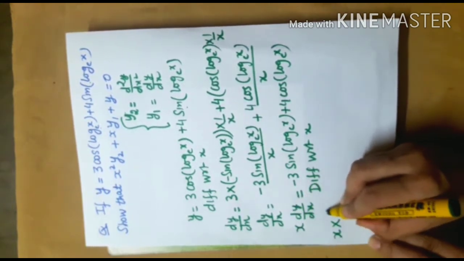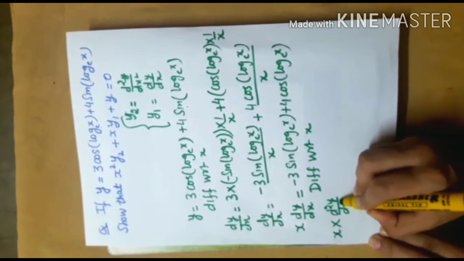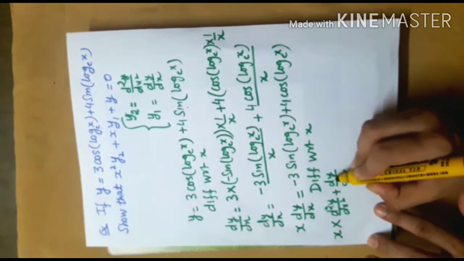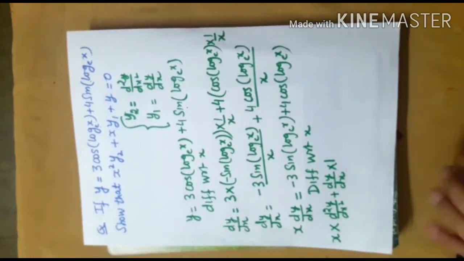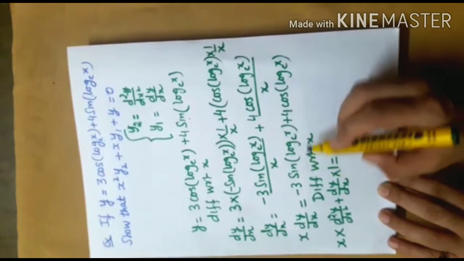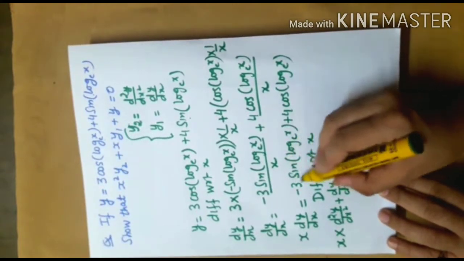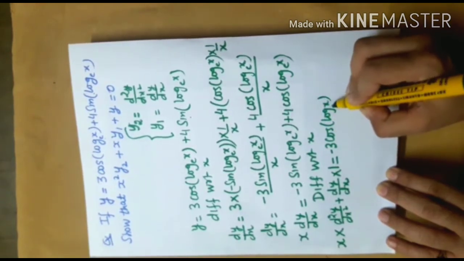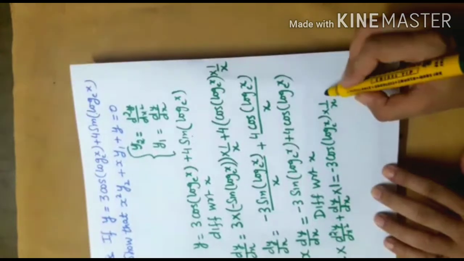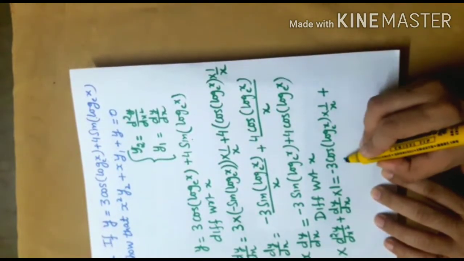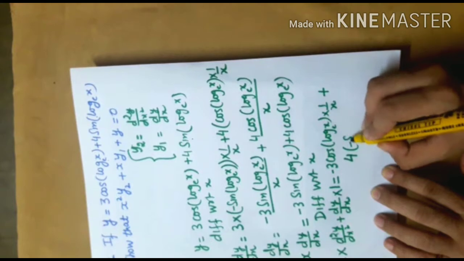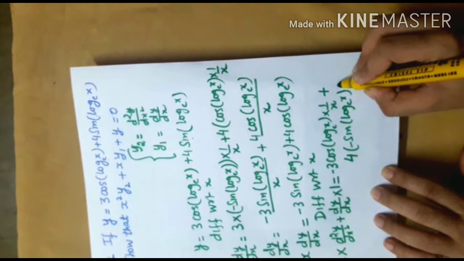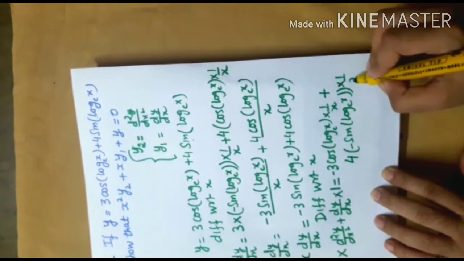Derivative of dy by dx will be d square y by dx square, plus second function into derivative of first, equals to, this is minus 3, derivative of this will be minus 3 cos log x into 1 by x, plus 4 times minus sine log x into 1 by x.